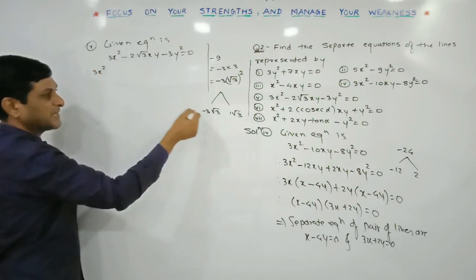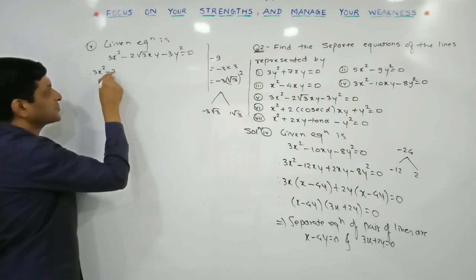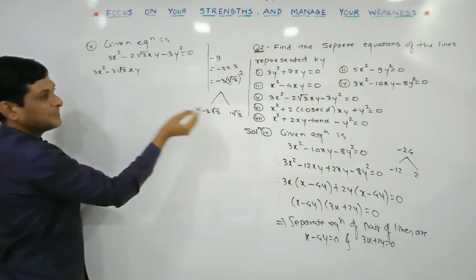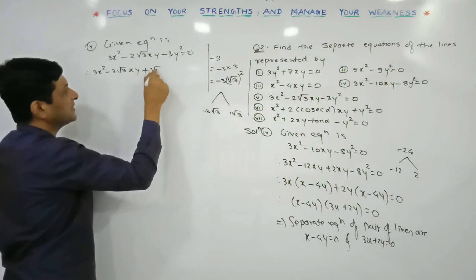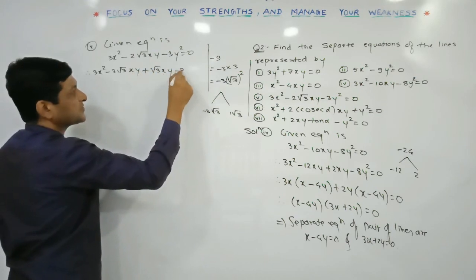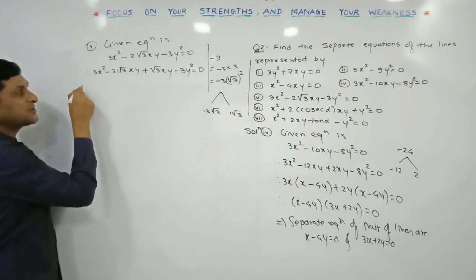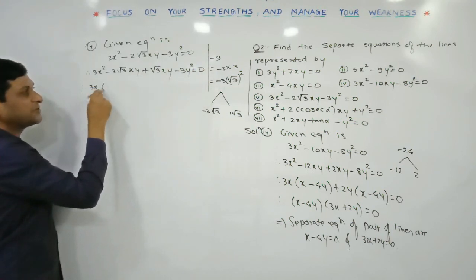The middle term can be split up as -3√3xy + √3xy - 3y² = 0. Keep it as it is. From the first two terms, check that we are able to take 3x common.